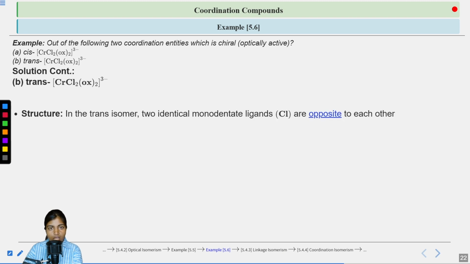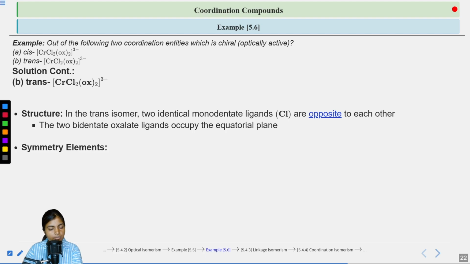Let's see the trans isomer of [CrCl2(ox)2]3-. If you talk about its structure, in this trans isomer, the two identical monodentate chlorine ligands are going to be present opposite to each other. And the two bidentate oxalate ligands occupy the equatorial plane, the remaining sites. Now let's check the symmetry elements.